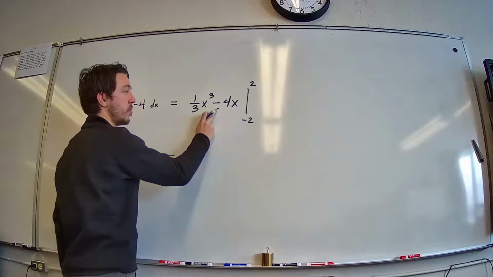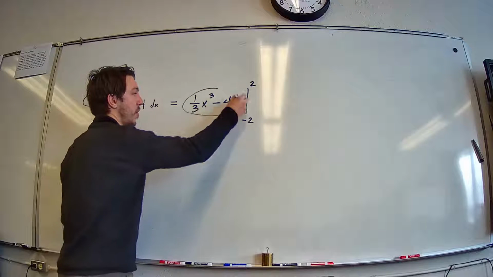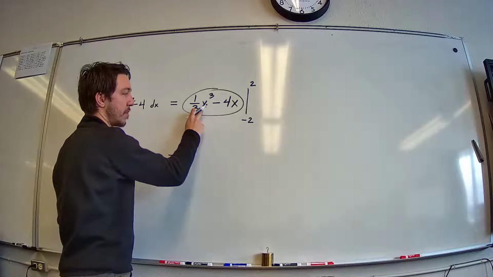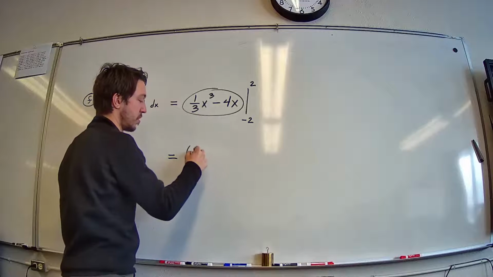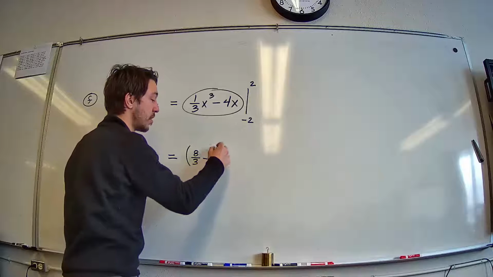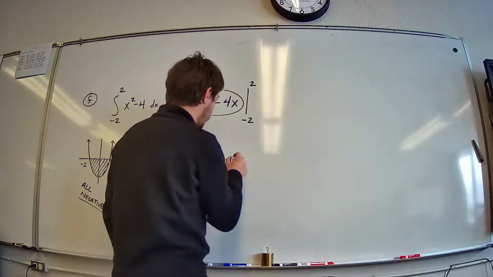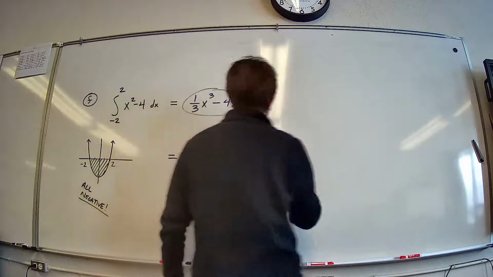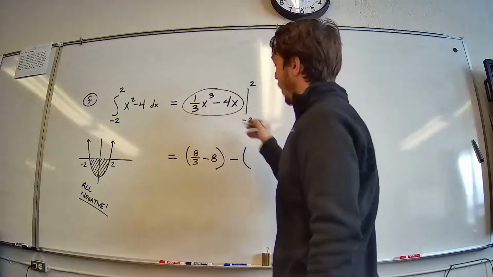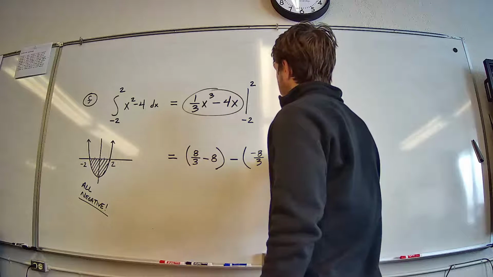Plugging in 2, remember you have to plug 2 into the whole thing. That's going to get us 8/3 minus 8. So that's what we get when we plug in the 2. That's -16/3. And when we plug in the -2, you get -8/3 plus 8.